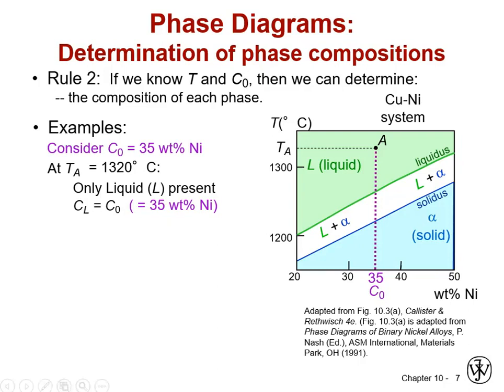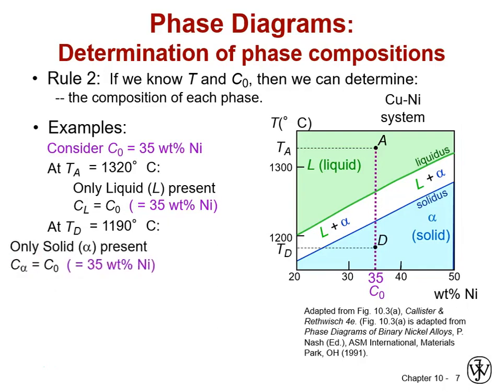So there's the composition. The overall composition in phase diagrams is usually referred to as C naught or C sub 0, and that's the composition of the whole alloy, which will typically be different than the composition of any given phase. But because there's only one phase, everything's liquid, that's also the composition of the liquid.